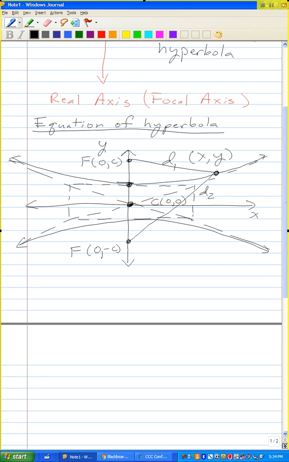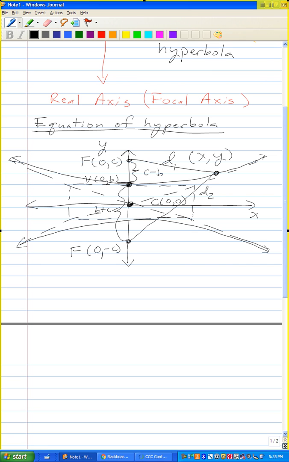So suppose that we have a point here, (0, b). Then this distance here is going to be b plus c, whereas this distance here is going to be c minus b. I'm assuming here that c is greater than 0, just so that it looks nice.